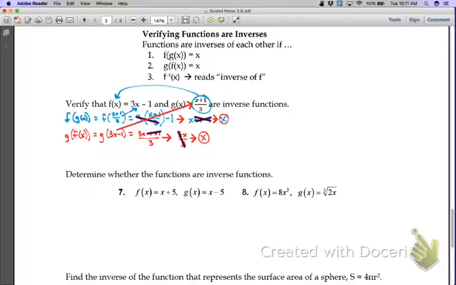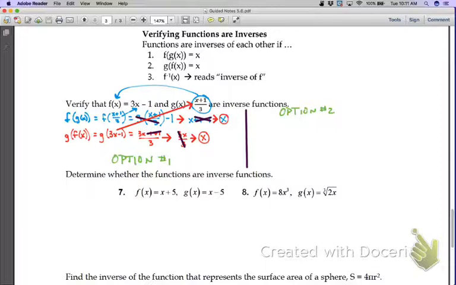Now, the other way for you to do this, if you would rather, so this was option 1, option 2 would just be to take each function and write the inverse and see if it gives you the other one.